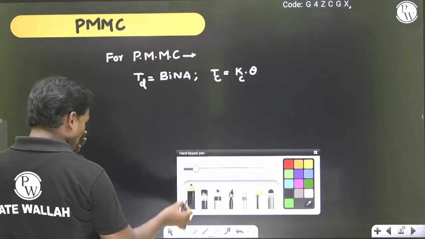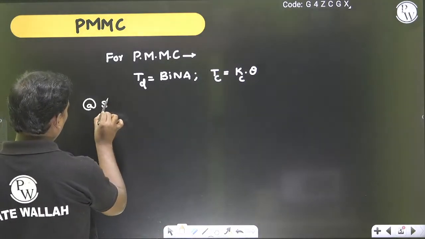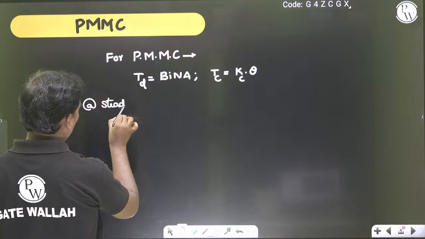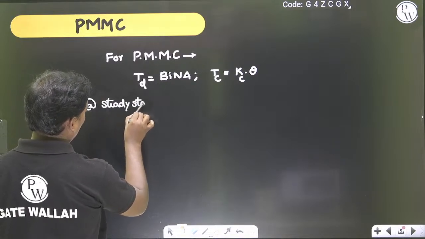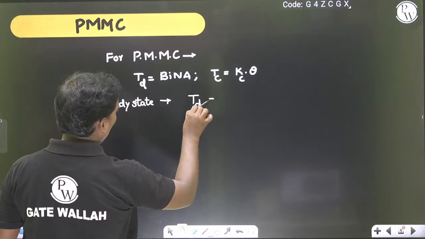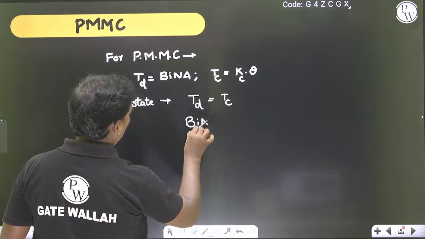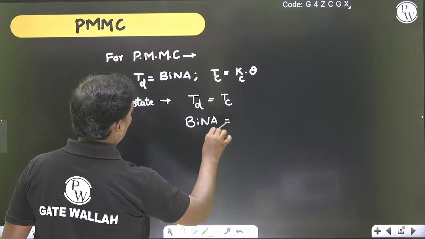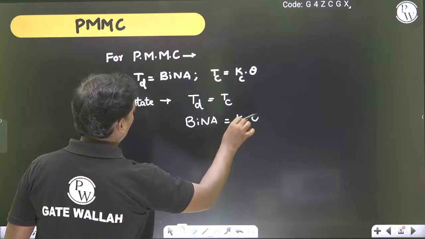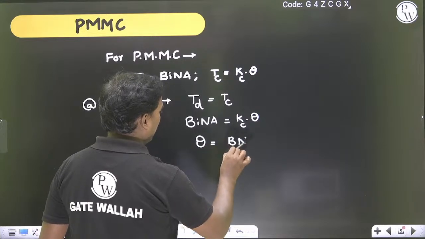At steady state, the deflection torque is equal to the controlling torque. So BINA is equal to Kc theta, and theta can be taken as BINA by Kc.